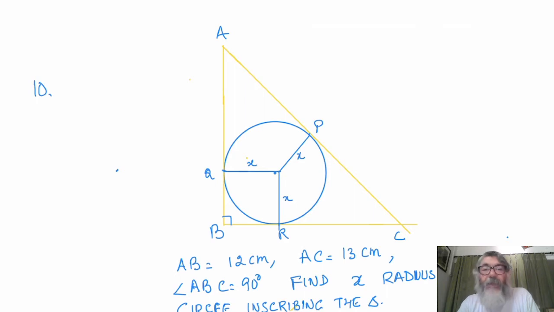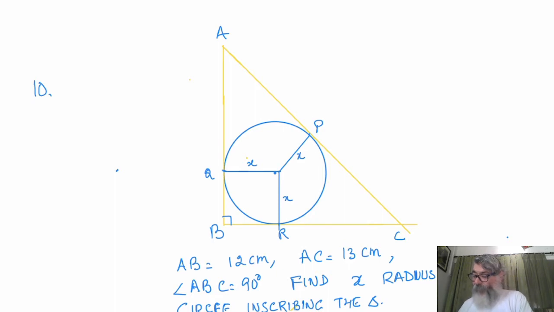So we can easily calculate BC by applying Pythagoras theorem. Whenever a right angle triangle is given, you will have to apply Pythagoras theorem. Then another thing is that a circle is inscribed in this triangle, and the radius of that circle is x centimeter. We have to find the radius x.